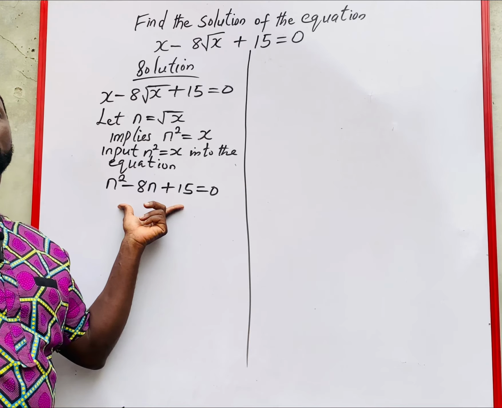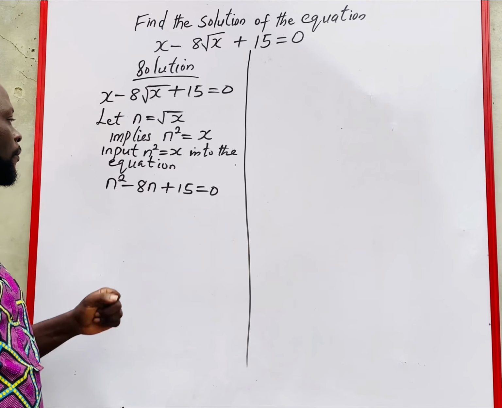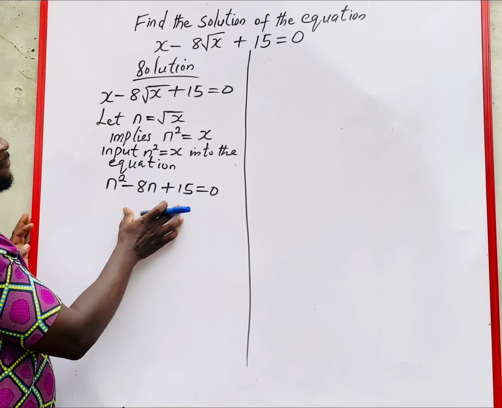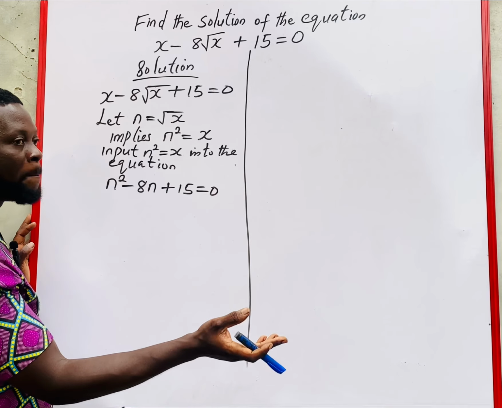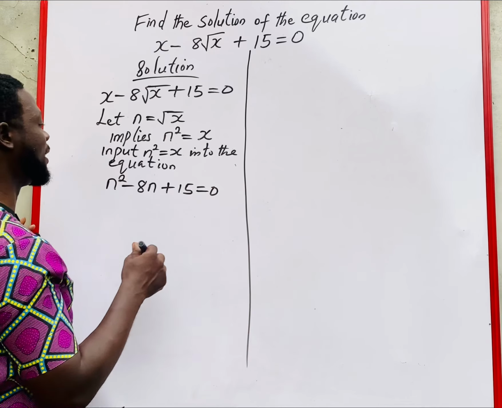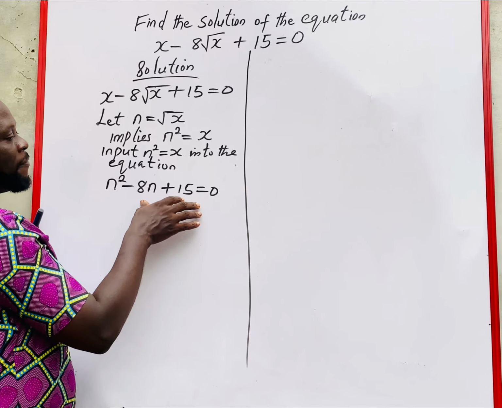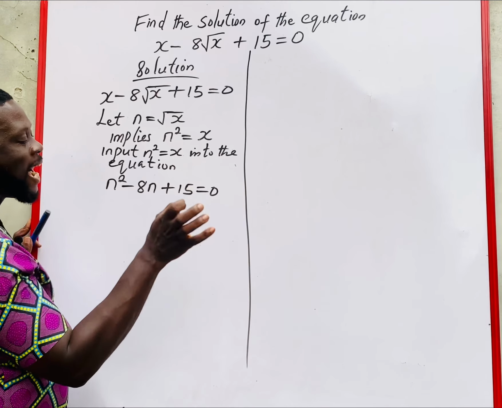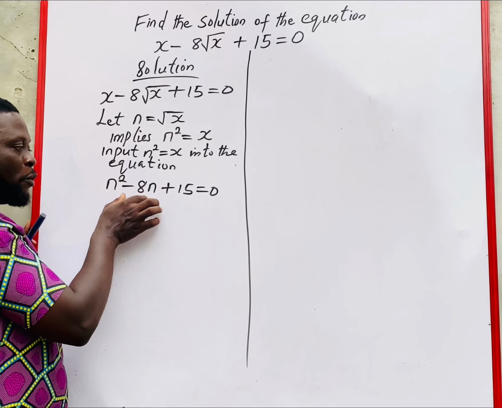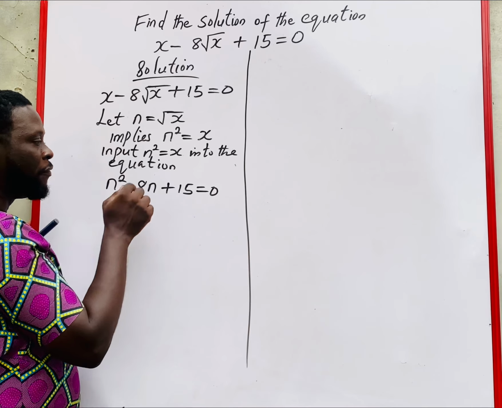So we need to what? Solve this quadratic equation. So we can solve this by factorization or by completing the square or by the formula method. But let's use factorization. So what are the factors of 15? Then when you add it or subtract, it will give you minus 8. And when you multiply the two factors, it will give you 15.